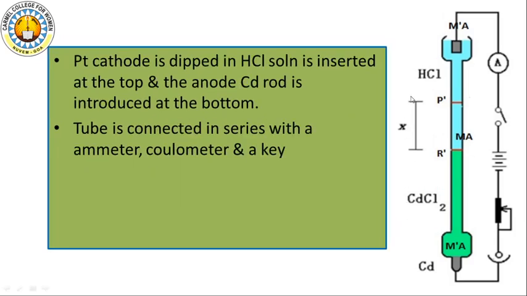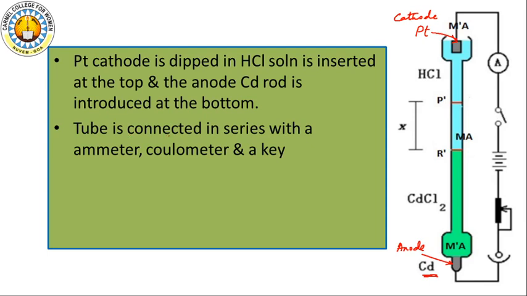Platinum cathode is dipped in HCl solution and is inserted at the top, and the cadmium rod anode is introduced at the bottom.